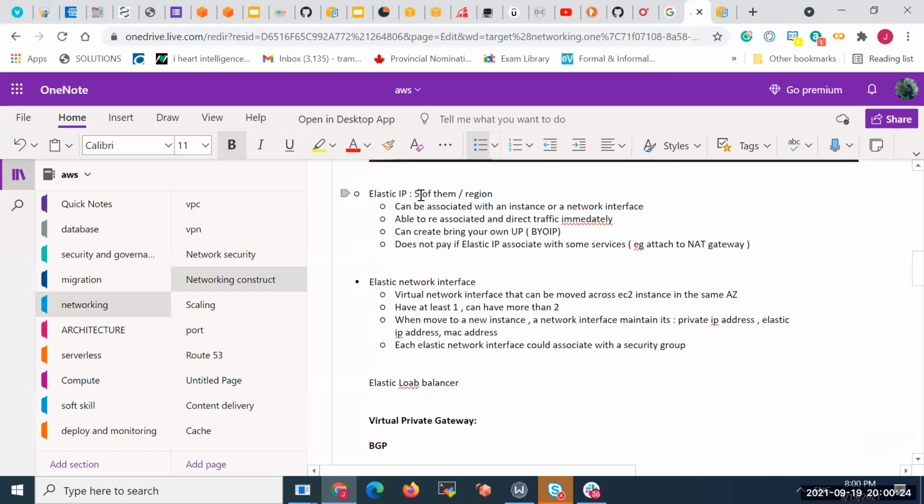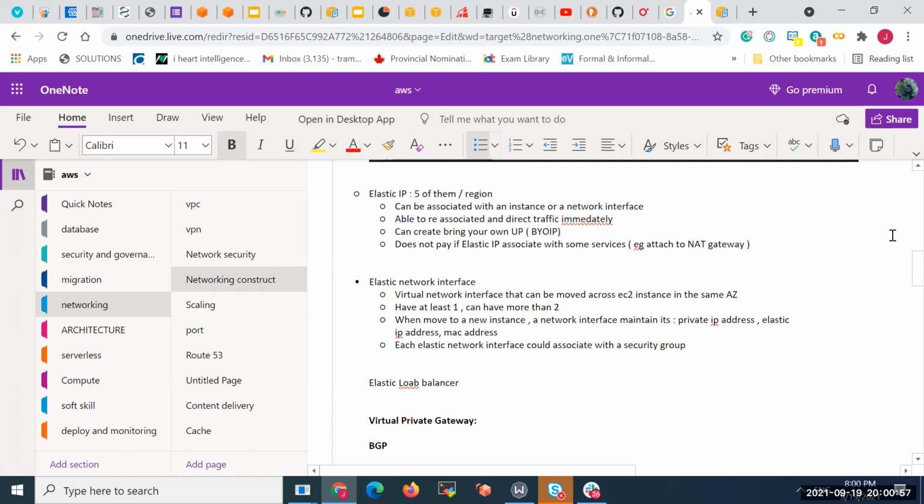Elastic IP. When you create the NAT gateway, you need to create the elastic IP, and it can be associated with an instance or a network interface, and it helps to redirect the traffic. And you can bring your own. If you don't have your own elastic IP, then AWS will provide the elastic IP for you, but it needs to be associated with some service.